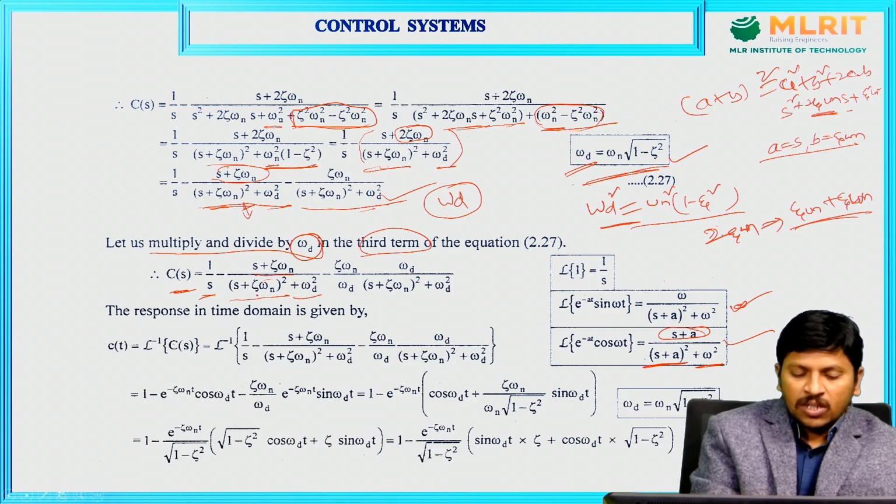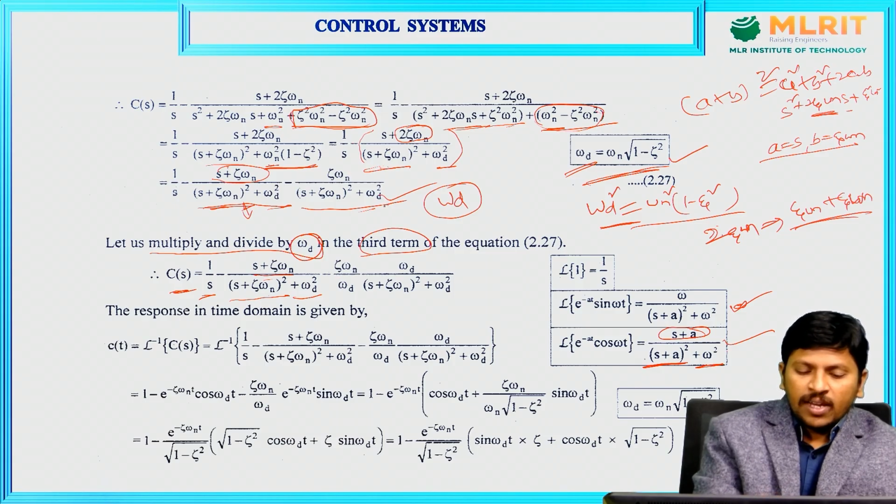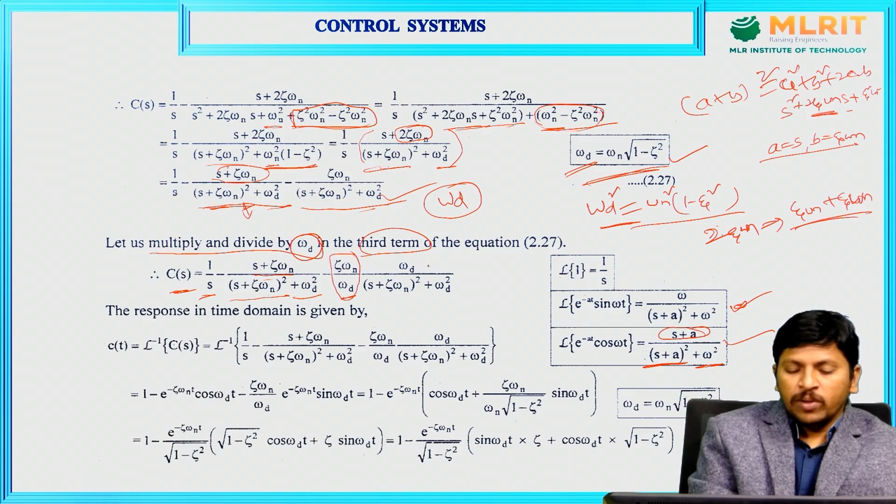The correct formula has come. And here minus zeta omega n, multiplying and dividing by omega d, so zeta omega n divided by omega d is this one.